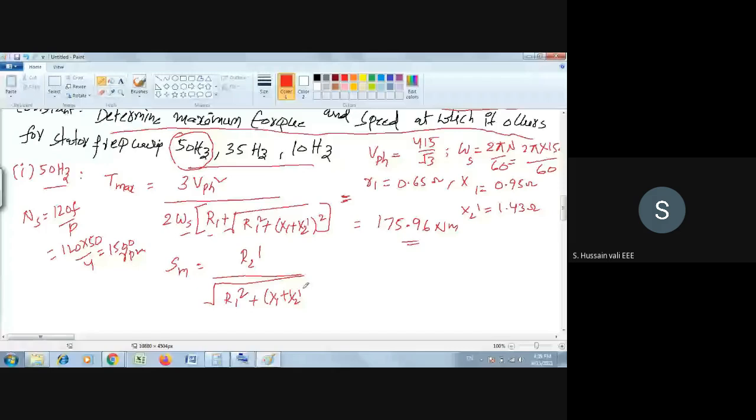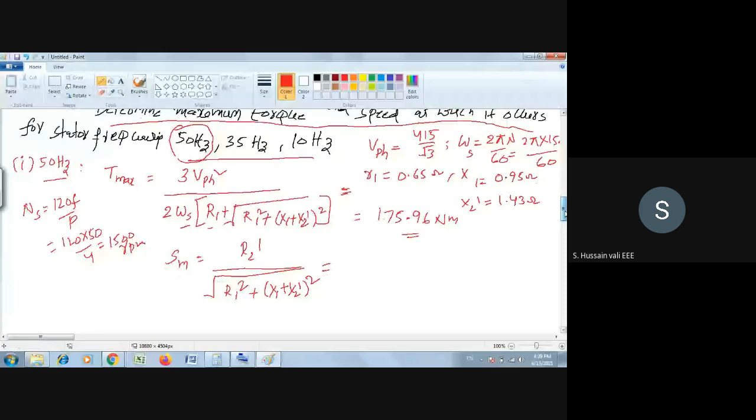You might have got all this in the induction motor. R2 he has given as 0.35, everything is given in the problem. So substitute in this, and you will get the answer 0.142. So we got the slip as 0.142.